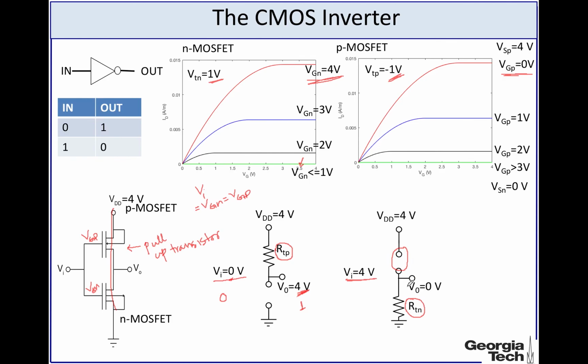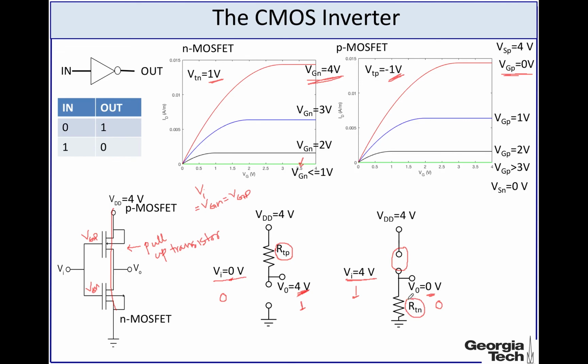Just looking at this resistor divider, you can see that the output voltage will be equal to 0. In other words, when the input voltage is 4 volts, the output voltage is 0, or if the input is logic level 1, the output will be logic level 0.